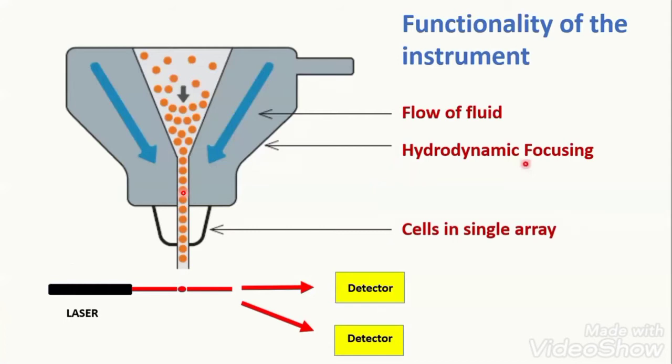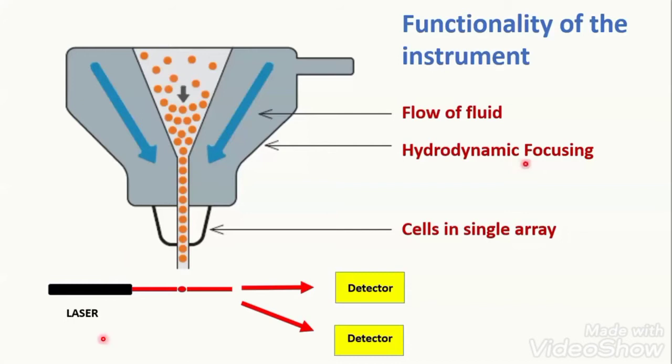So flow cytometry or the flow cytometer is not rocket science, and it is not a magical instrument. What the instrument is doing is that you put a single cell suspension into that instrument, and the instrument will be creating a high pressurized flow of fluid from both directions and will be creating a single cell array. Then the single cell will be interacting with a laser, which is part of the instrument.